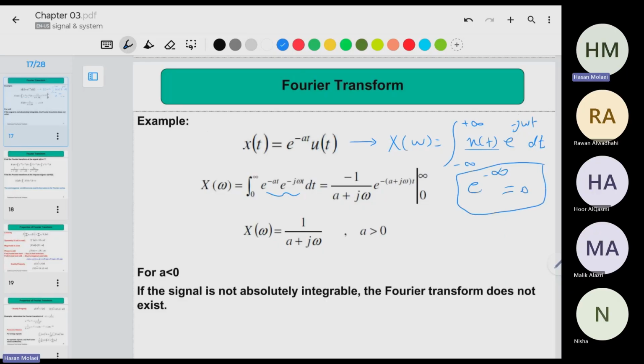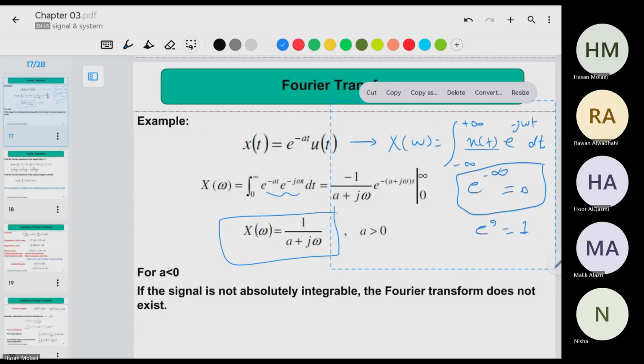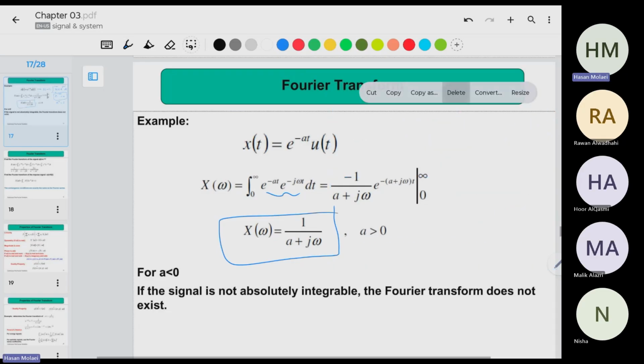E to the power of 0 is 1. It should be 1 over a plus j omega. For me, it's easy to memorize this one and use it in another Fourier transform we are going to do.